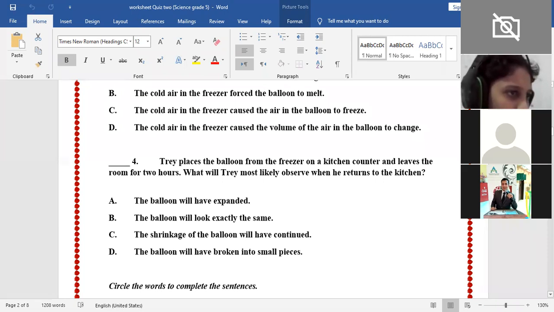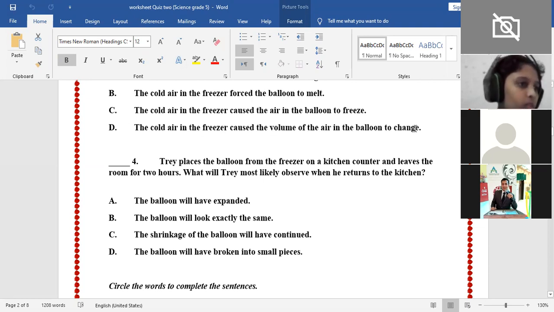Mister, what about number 3? Number 3, the cold air in the freezer caused the air in the balloon to freeze. I'm sorry, number 3D. The cold air in the freezer caused the volume of the air in the balloon to change.